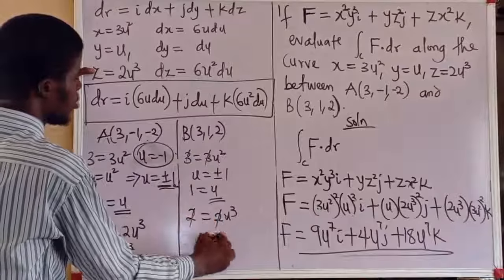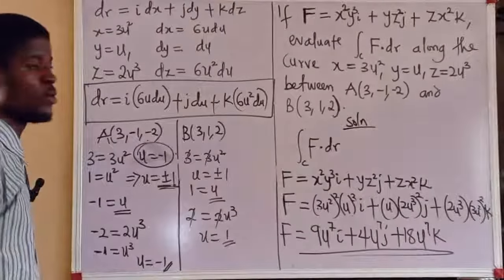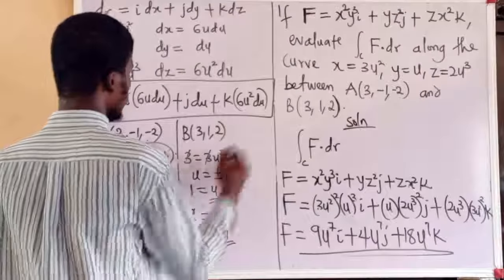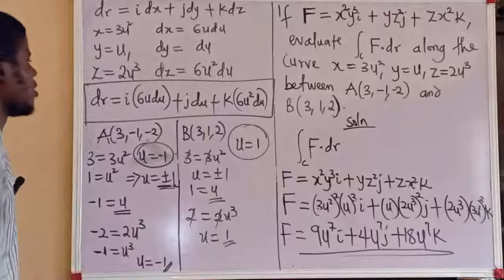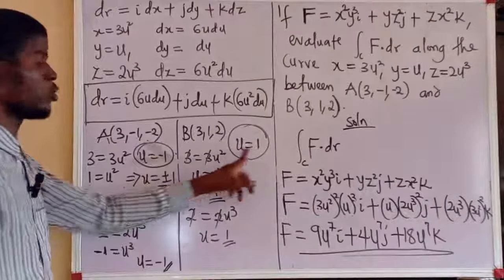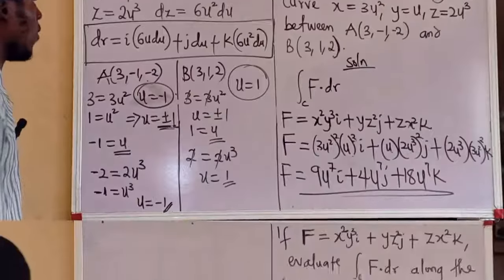It means that u equal to 1 also. So 1, 1, 1, u must be plus 1. So u is equal to 1 here. That means the integration is from minus 1 to 1. Let's determine the line integral now.